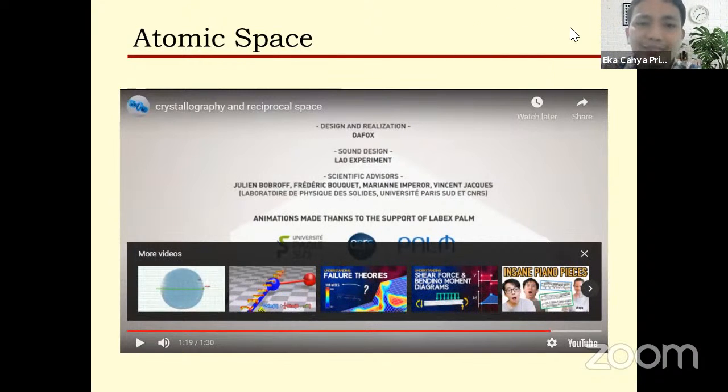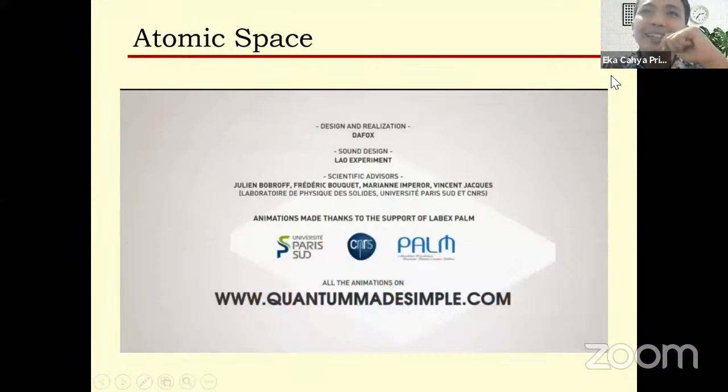So this is the description of the reciprocal lattice. You see? Okay, what next?